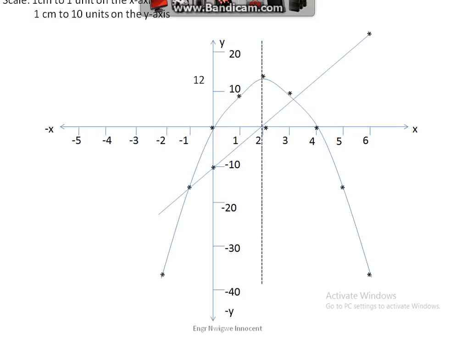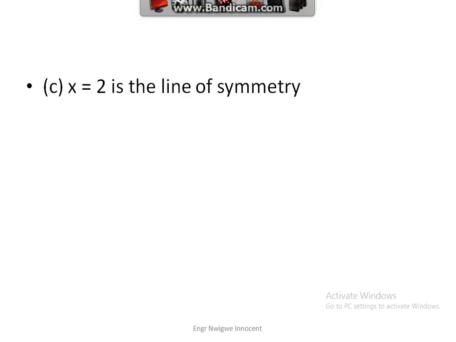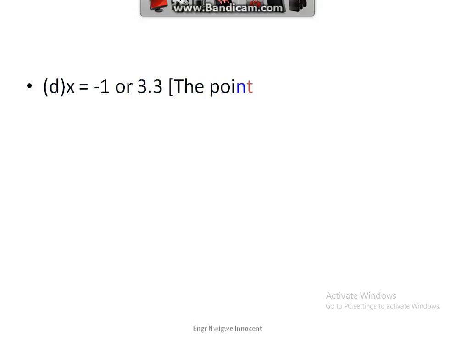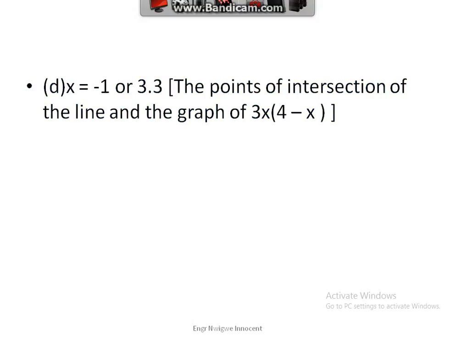Then D, we are asked to deduce the roots of the equation 3x(4 minus x) equals 5(x minus 2). If you find the points of intersection of the straight line and the curve on the graph, x is equal to minus 1 or 3.3.